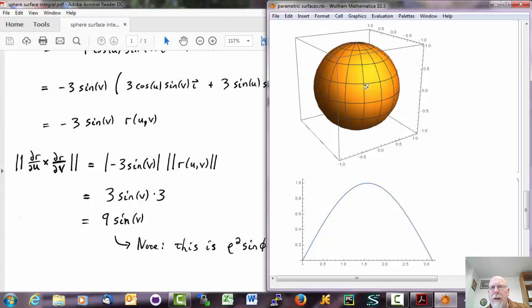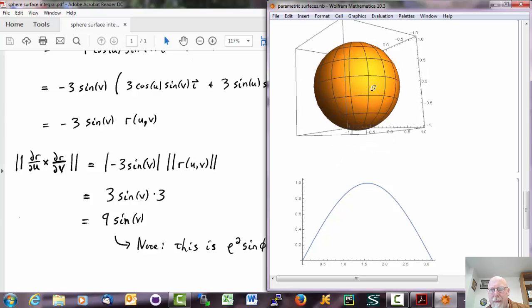But if you move this way, notice that these patches are not as big as these patches. So as you come from the z-axis and come down to the equator, those patches get bigger. But then as you move past the equator, those patches start to get smaller again, right?